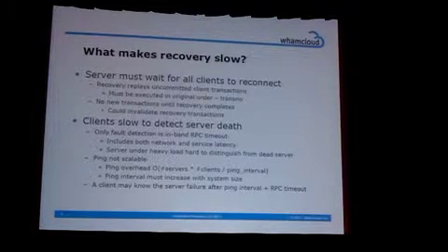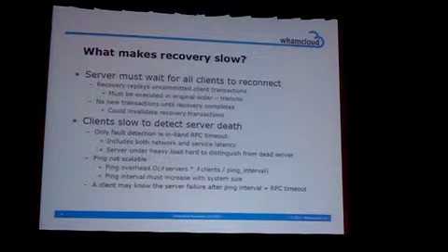Another thing that makes recovery slow is the process for the client to detect the server's death. Right now, the only way for the clients to know of the server's death is by the timeout of an RPC. And this timeout has to be reliable, because you have to consider the network latency and the service latency, because for a busy server, the backlog of the RPC queue can be very long.